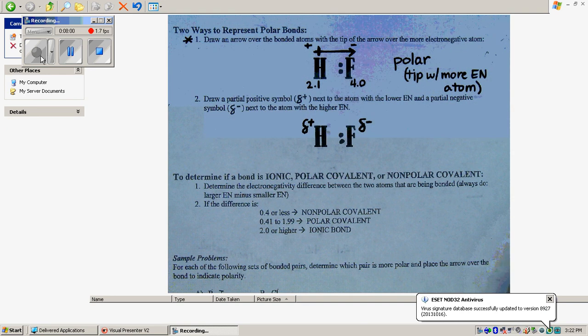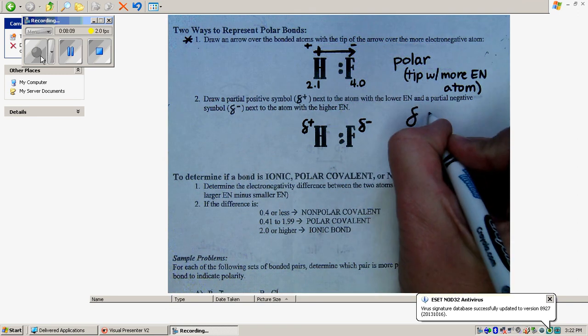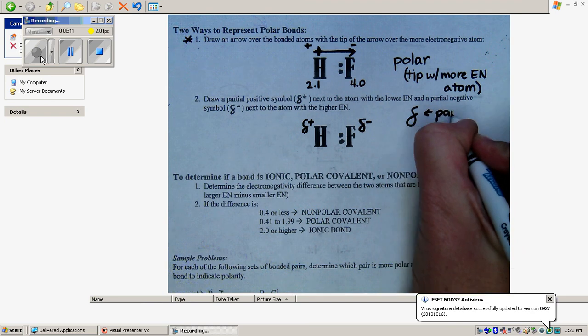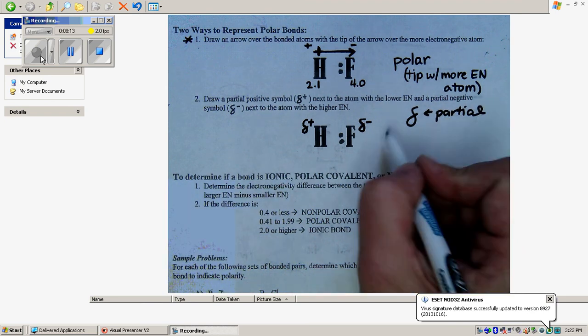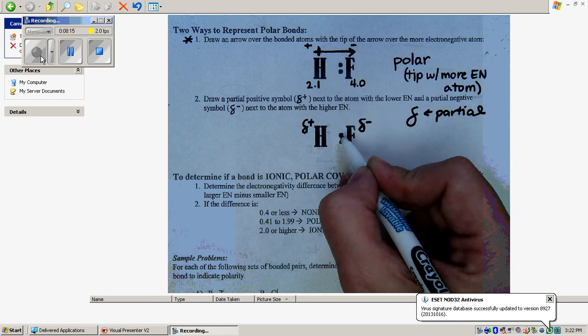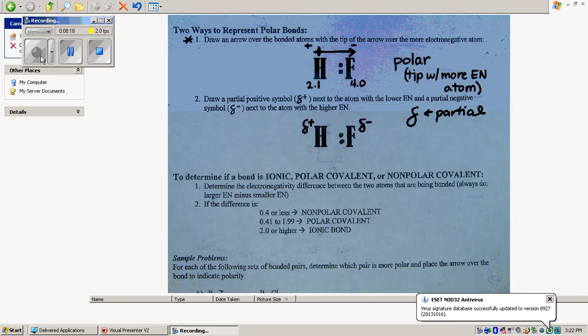So it's going to be kind of negative and kind of positive. I say kind of because it's still sharing. It's not an ionic bond. But what you can do is think of this symbol right here means partial. So it's saying that this is a partially negative side, and this is the partially positive side. And that's what polarity means: unequal.